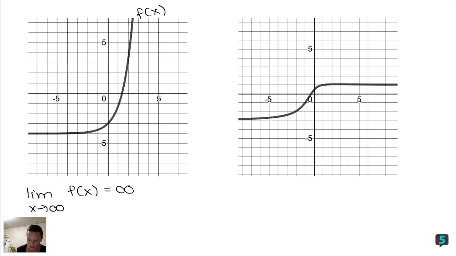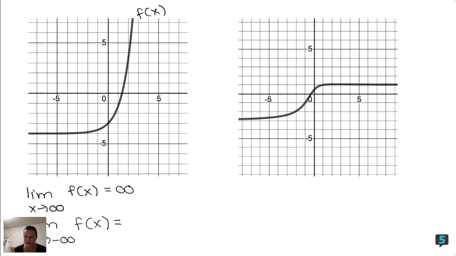But as x approaches negative infinity, where does this one go? What's the limit as x approaches negative infinity of this function f of x? Yeah, great, Karen, great, Hannah.